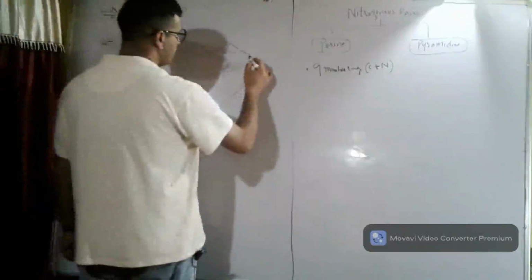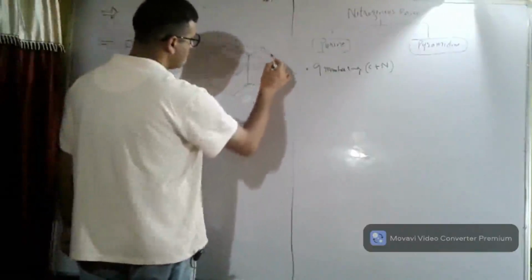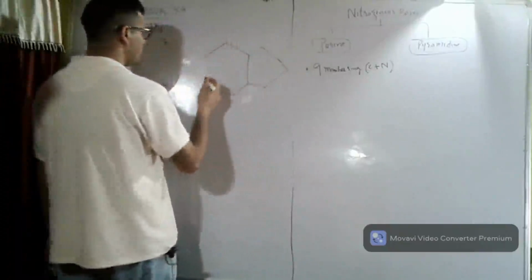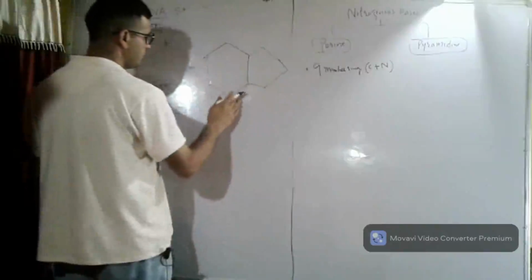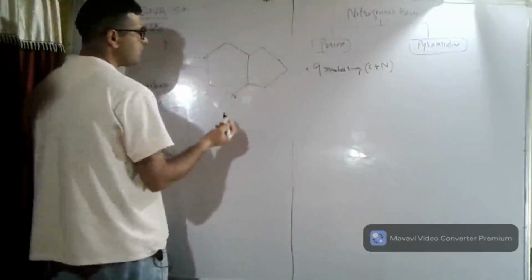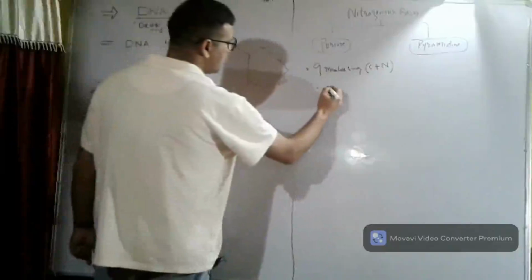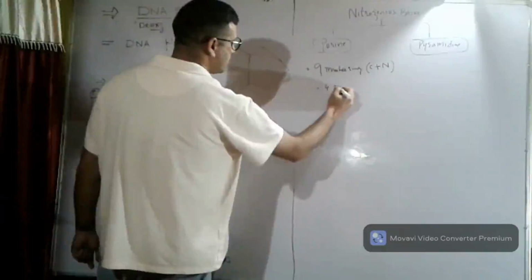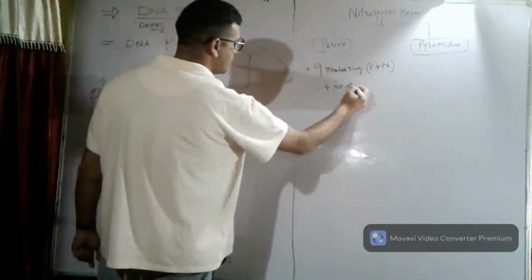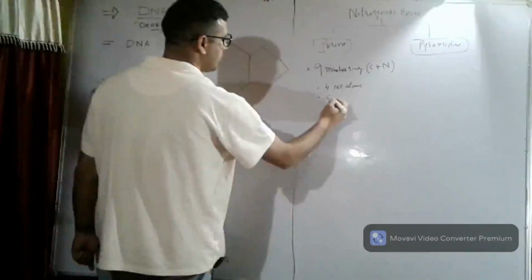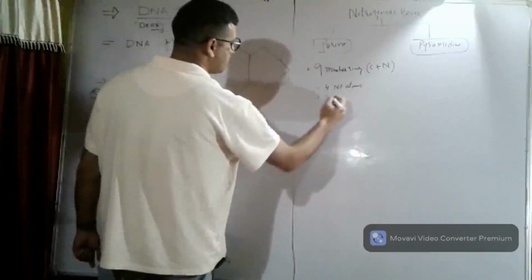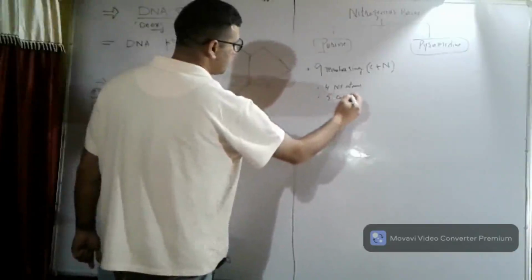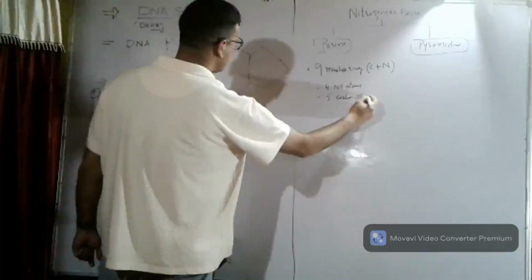Purine is a 9-member ring. So we have nitrogen here, 4 nitrogen atoms, and we have 5 carbon atoms.